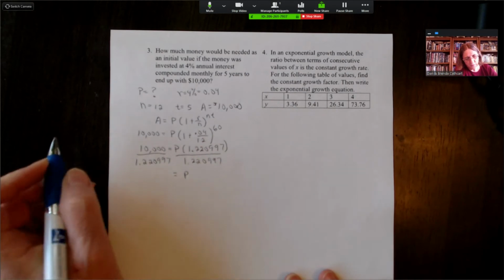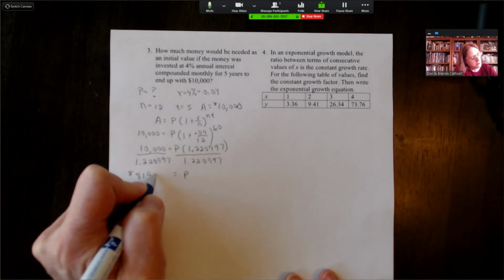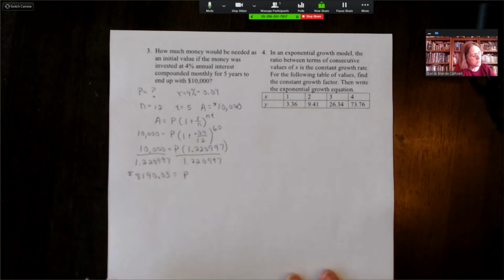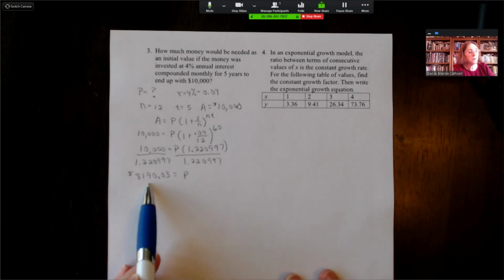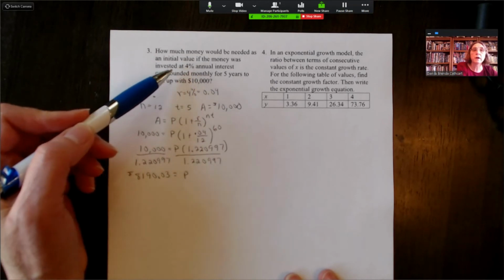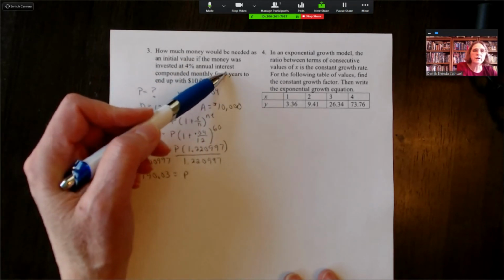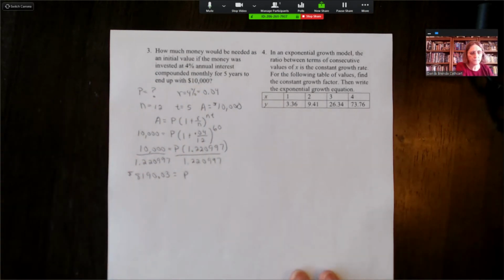And we get a principal, or a starting value, of $8,190.03. So starting with an investment of $8,190.03, invested at 4% annual interest rate, compounded monthly for 5 years, we would end up with $10,000.